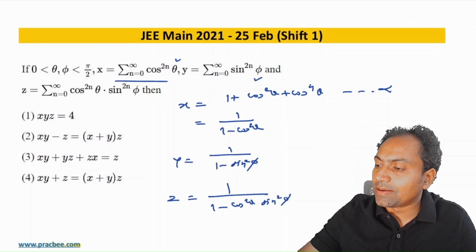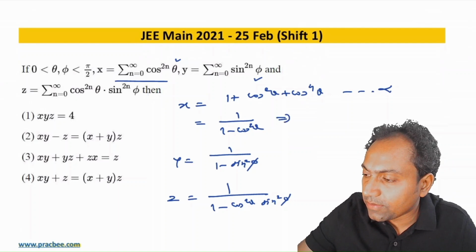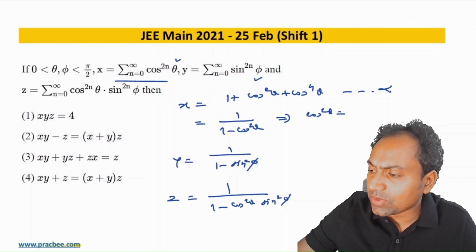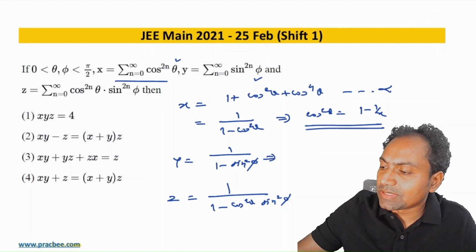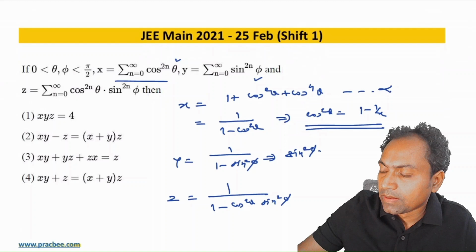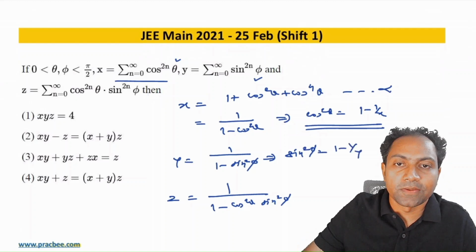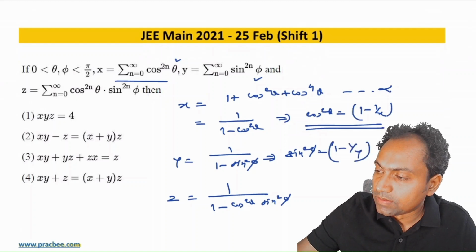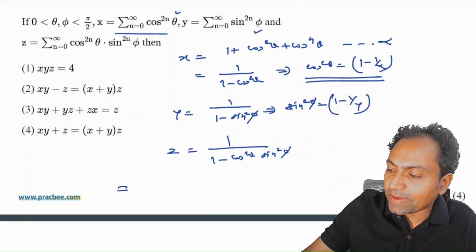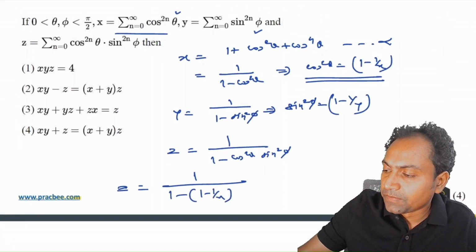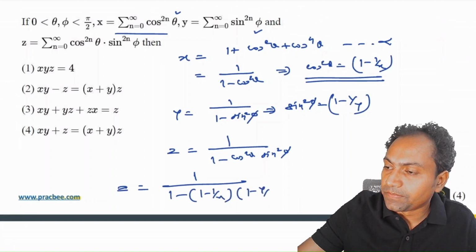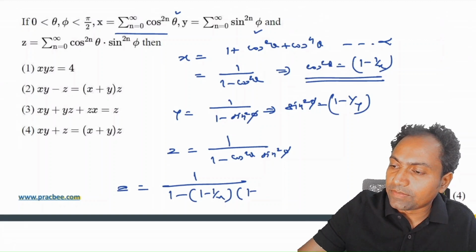For finding that, let us find the value of cos square theta from the first part. So cos square theta can be written as 1 minus 1 by x. From here, sine square phi can be written as 1 minus 1 by y. And now let us substitute both of these values in this last step. So it becomes 1 upon (1 minus 1 by x) into (1 minus 1 by y). If I open the bracket first, I get something very interesting.